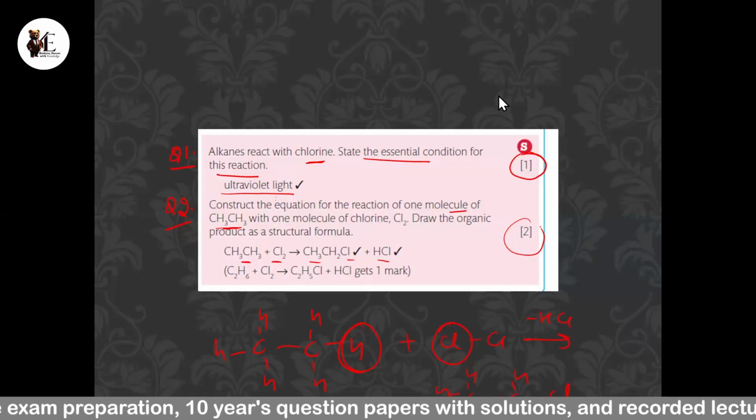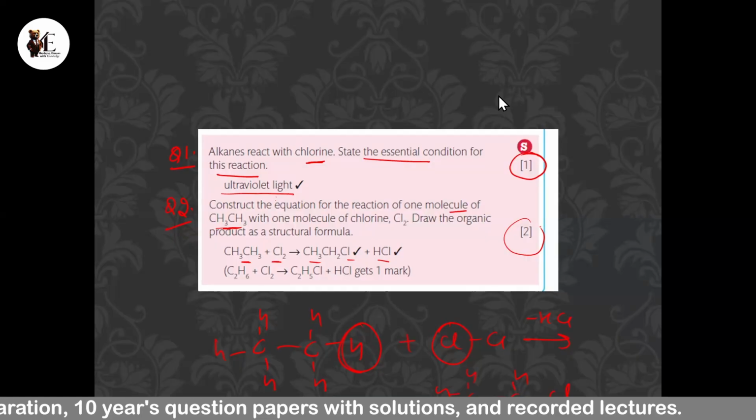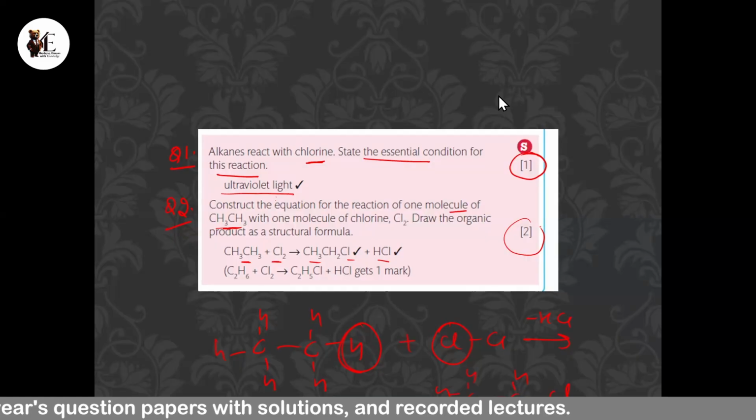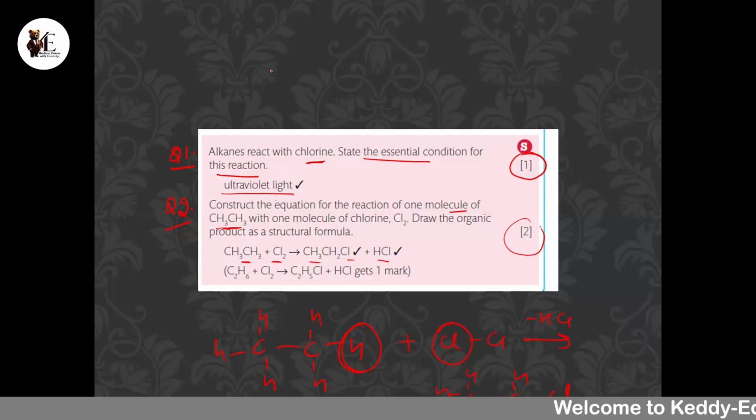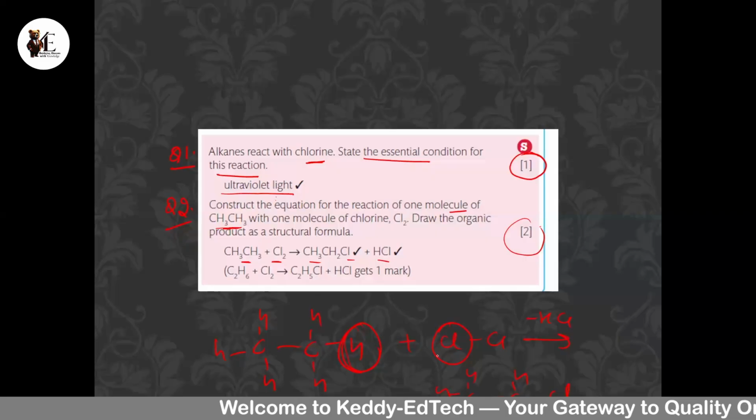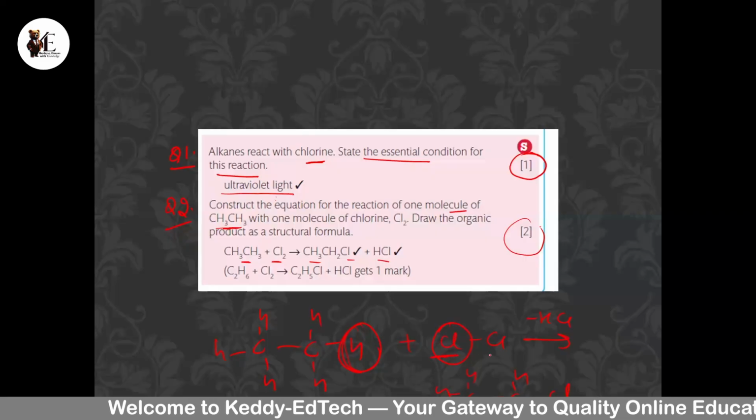So, do you always take one hydrogen and chlorine during a substitution reaction, like in every single scenario? I'm saying, in this case, we took one hydrogen from the first reactant, and then we took one chlorine, and then we formed hydrochloric acid.